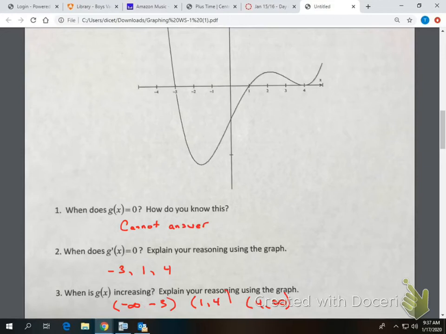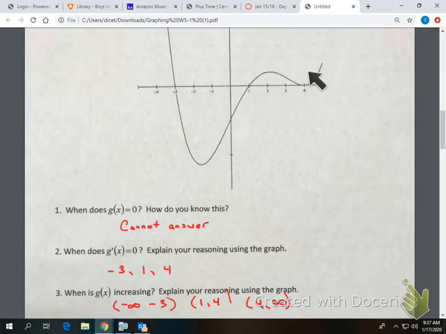I wrote the formal definition down and had you write it down. It's concave down when the derivative is decreasing. It's concave up when the derivative is increasing.